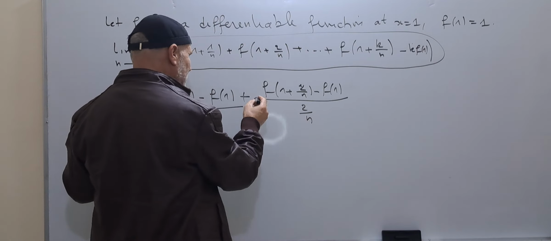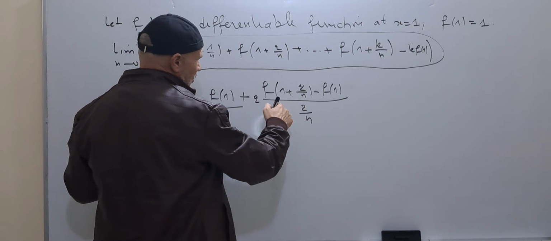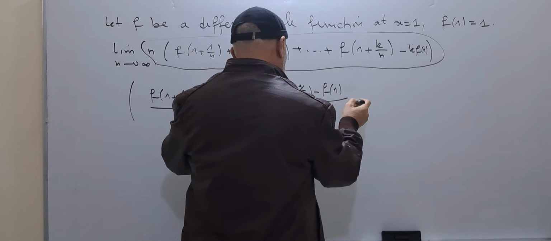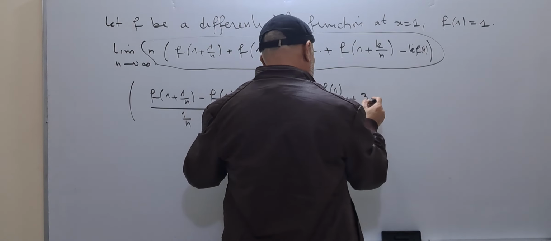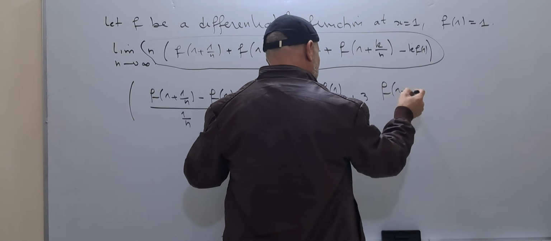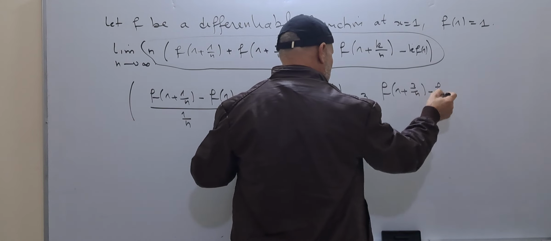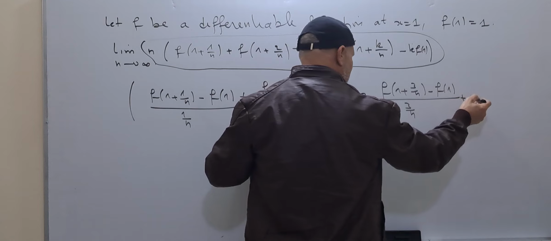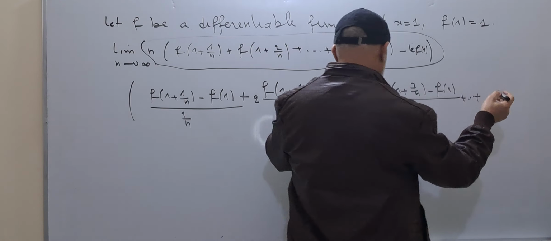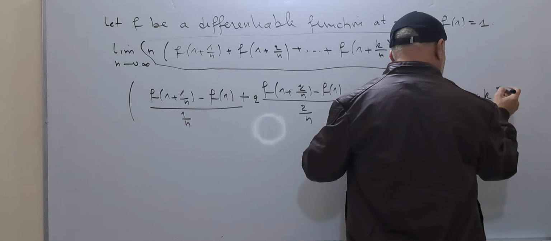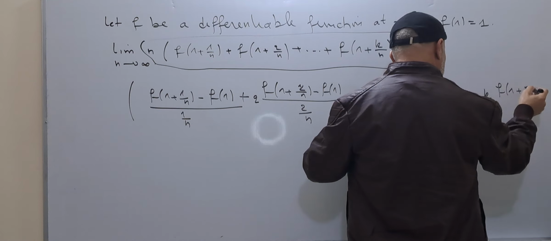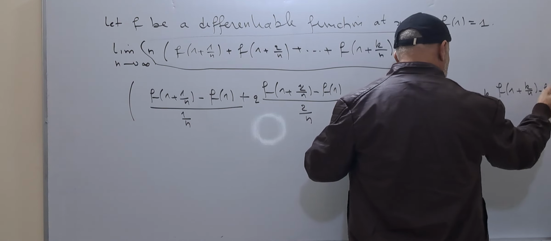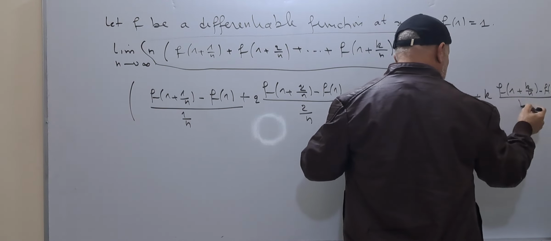Now we have here 2 to cancel with this one, plus 3 f of 1 plus 3 over n minus f of 1 over 3 over n, plus the last one, we have k f of 1 plus k over n minus f of 1 over k over n.